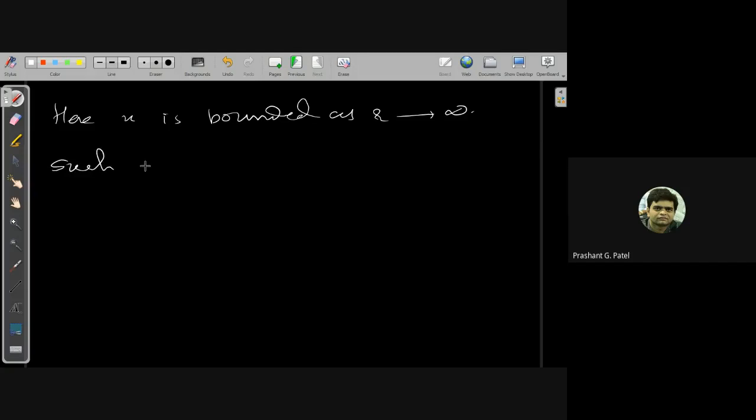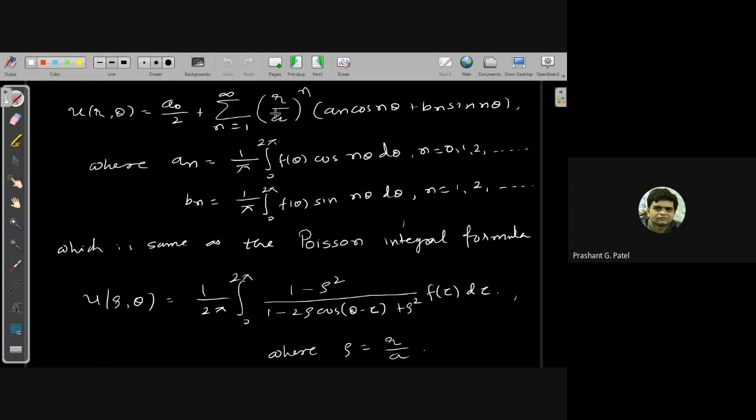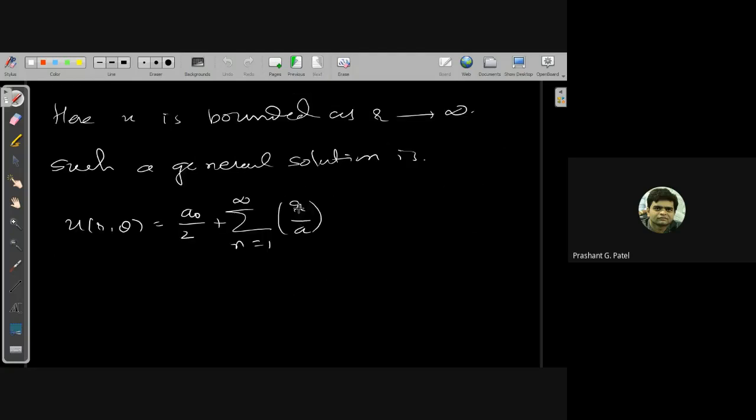So such a problem has a general solution u(r, theta) equal to a0 by 2 plus summation n running from 1 to infinity of (r by a) power n in the interior of a circle. Here in this case it is (r by a) power minus n, times an cos n theta plus bn sin n theta. This is the solution for that problem.